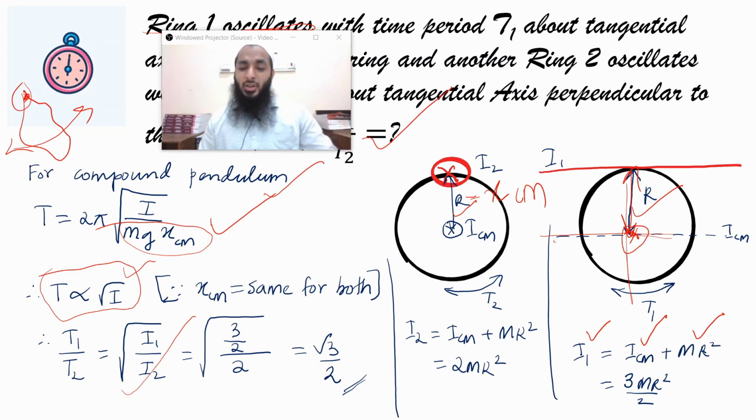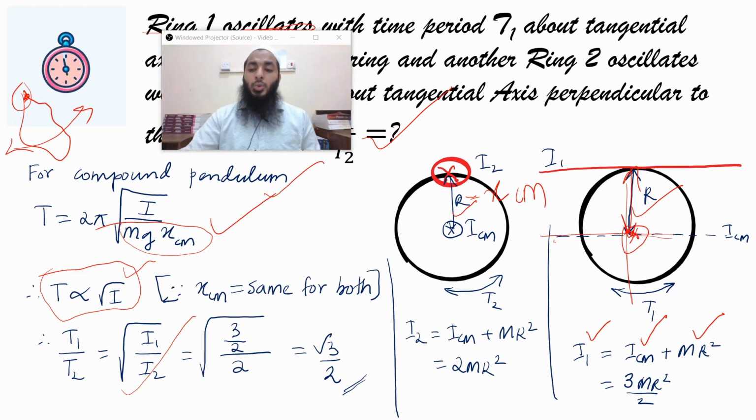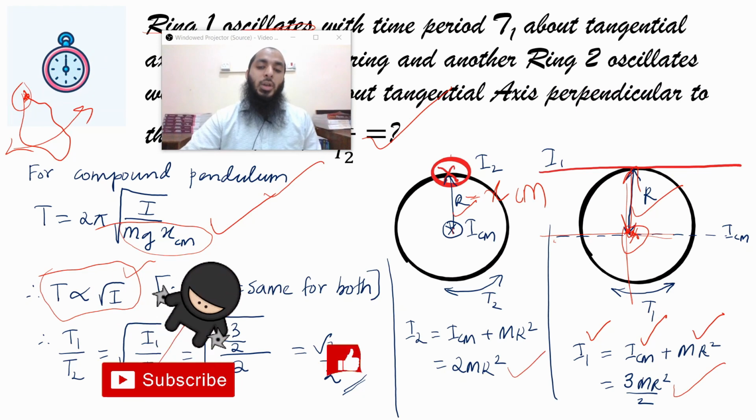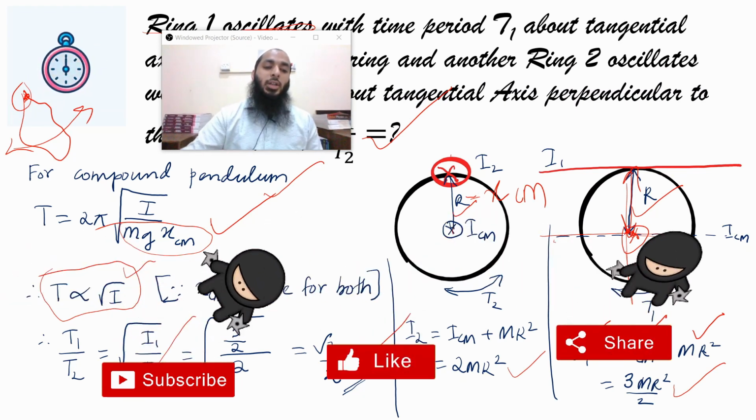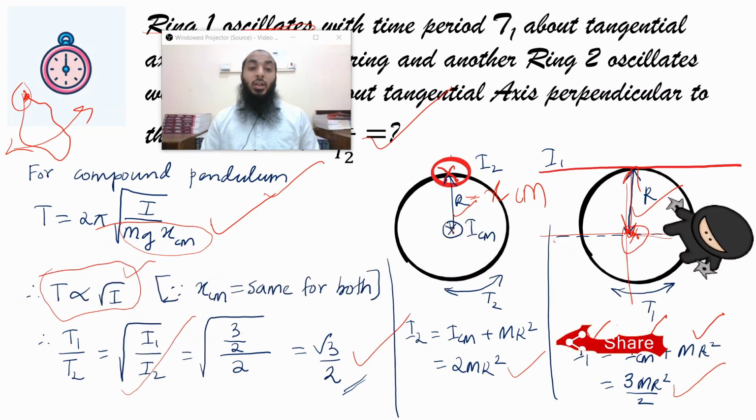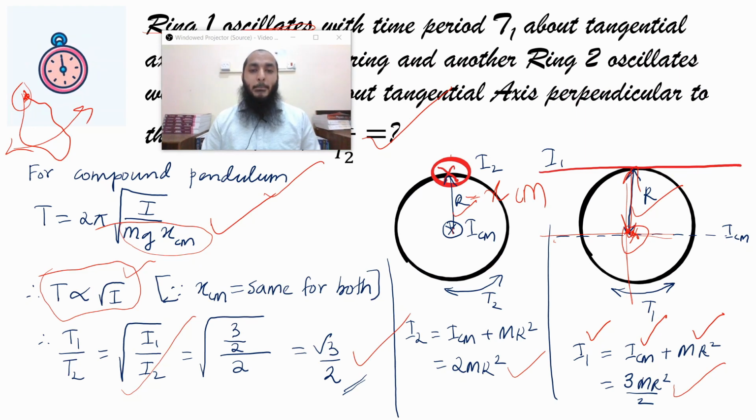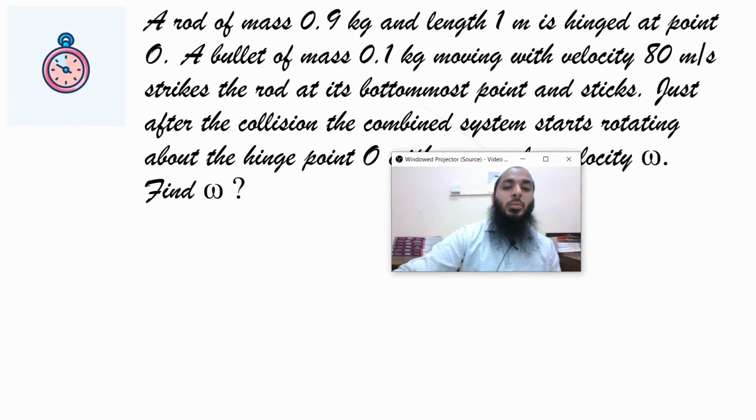So it is mr square by 2 plus mr square, which will give you 3 by 2 mr square. And I2 will be just mr square plus mr square, so it will be 2 mr square. Just substitute here, you will get the answer. T1 by T2 is very easily found. Let's go for the next question.